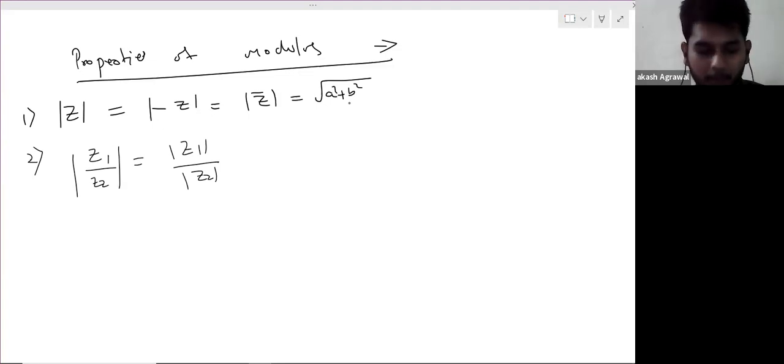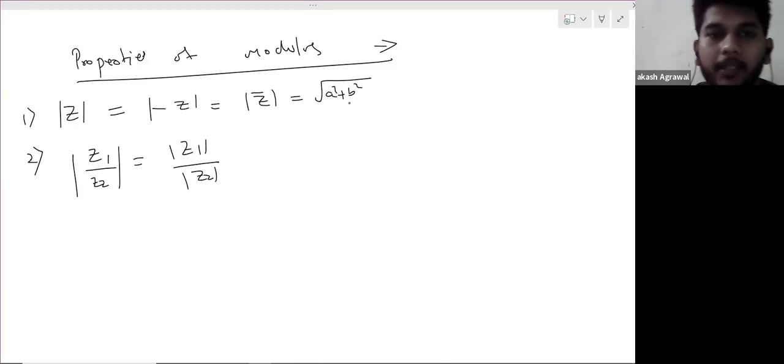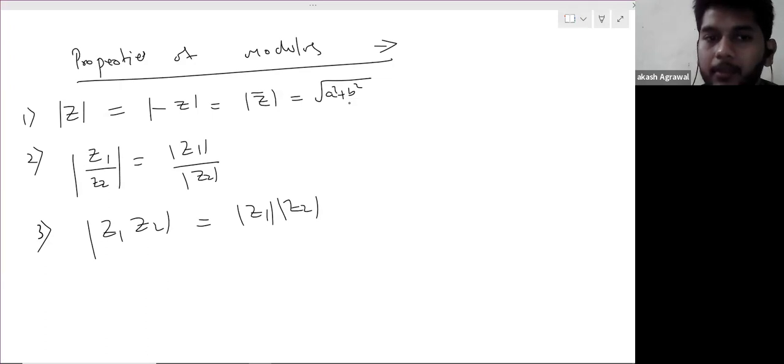Just like in conjugate, here also you can divide the modulus like this. Just like conjugate, you can separate them also.